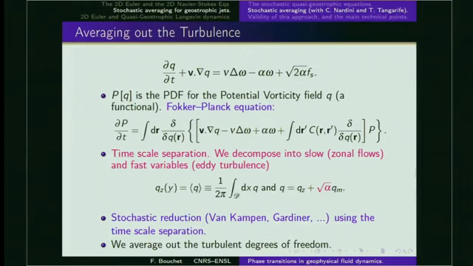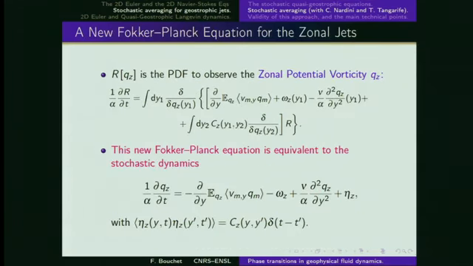Then what we do is just stochastic reduction, as is classically done in theoretical physics or in mathematics. The point is to average out the effect of this turbulent part of the flow. The details are quite technical, but there is no difficulty at a formal level.